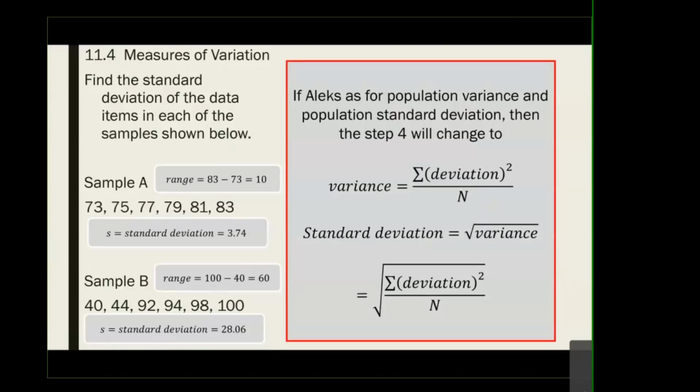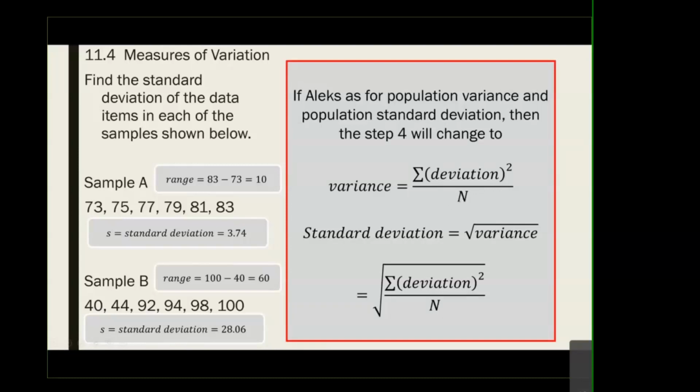If they ask for the population, then at step 5, when you get the variance, you do not divide by n-1, you just divide by n.